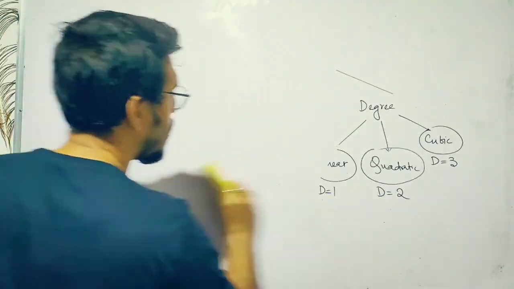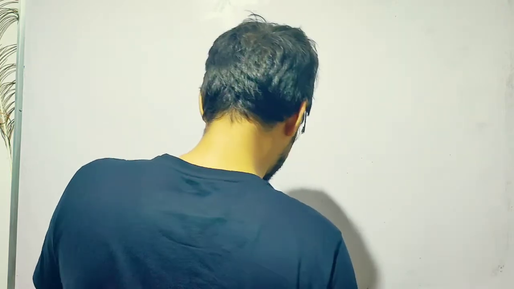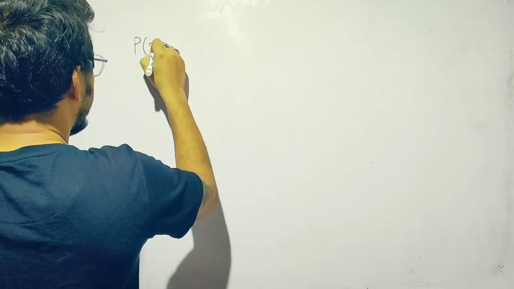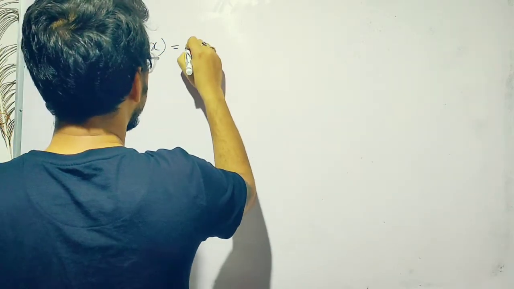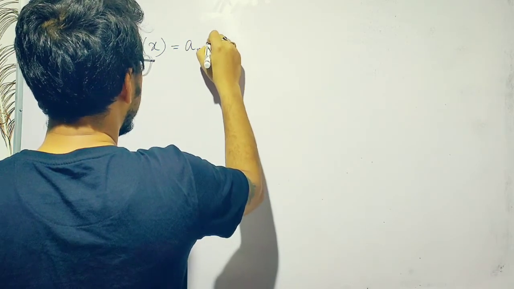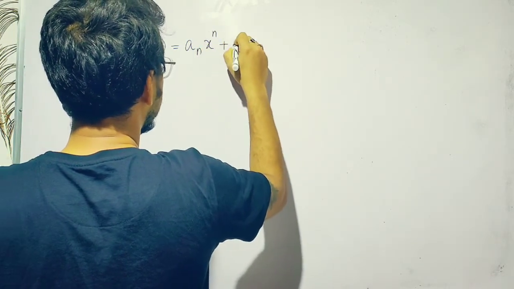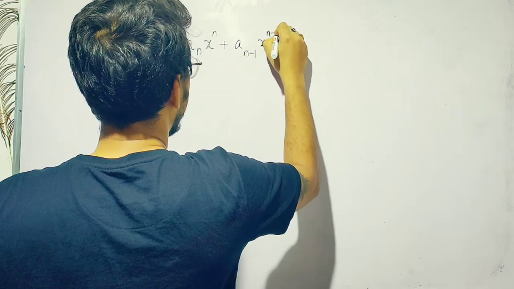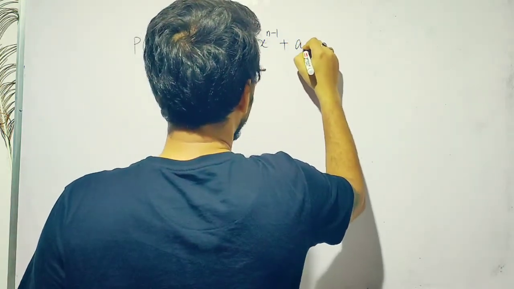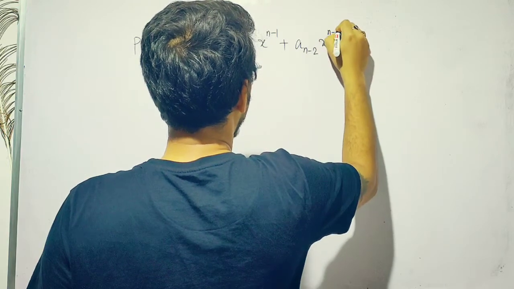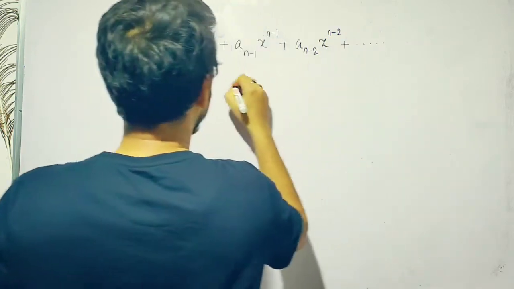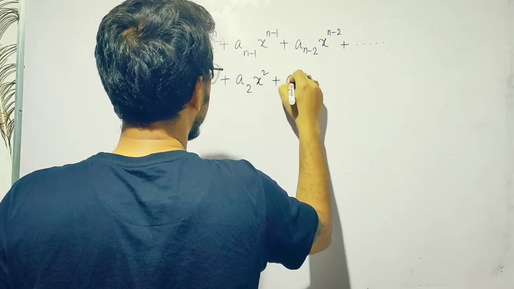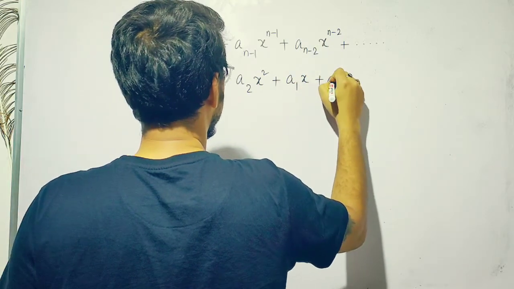A polynomial is generally an algebraic expression which can be given in terms of this. Let us say p of x equals a_n x^n plus a_(n-1) x^(n-1) plus a_(n-2) x^(n-2) plus dot dot dot, and this will continue till a_2 x^2 plus a_1 x plus a_0.